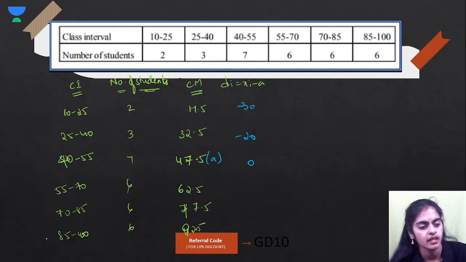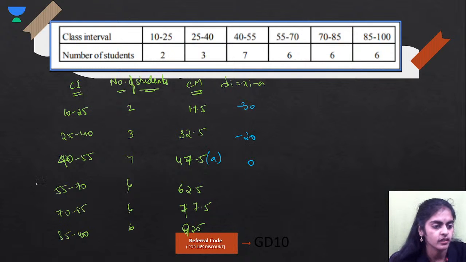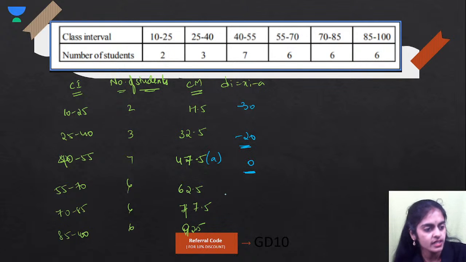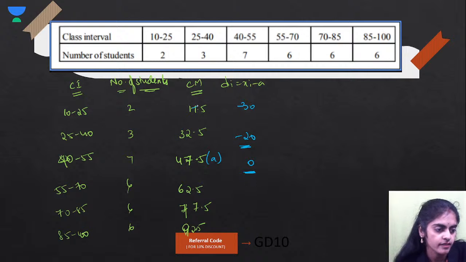So 62.5 minus 47.5 is 15, and 47.5 minus 47.5 is 0.